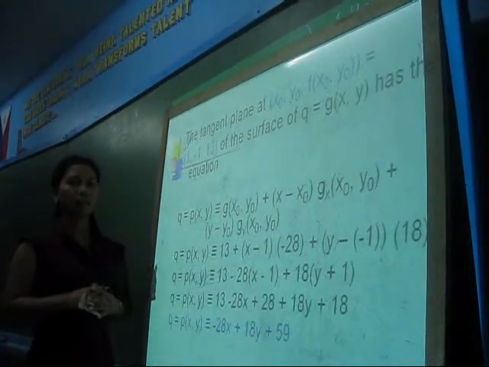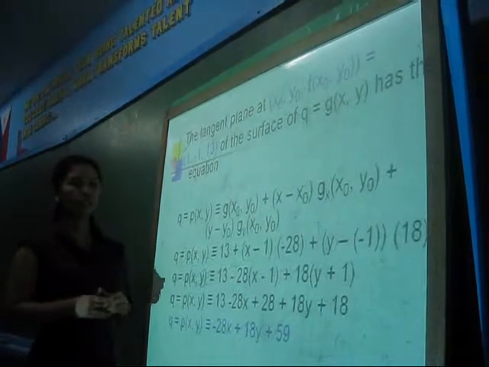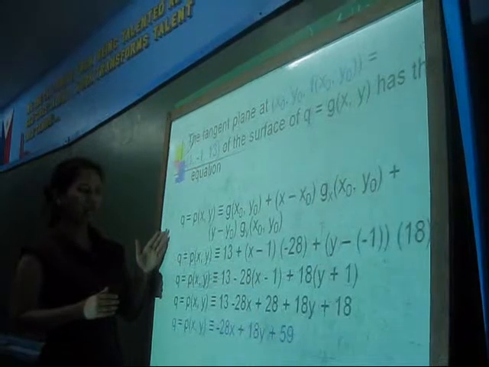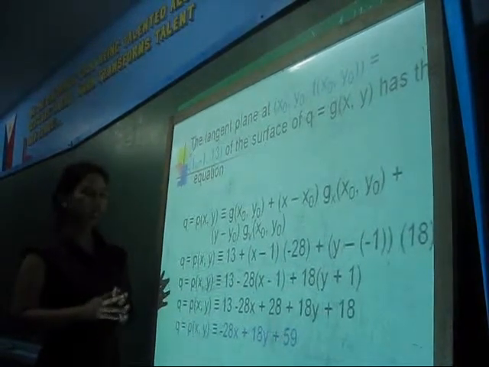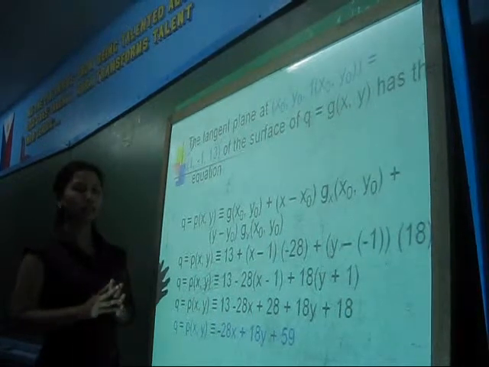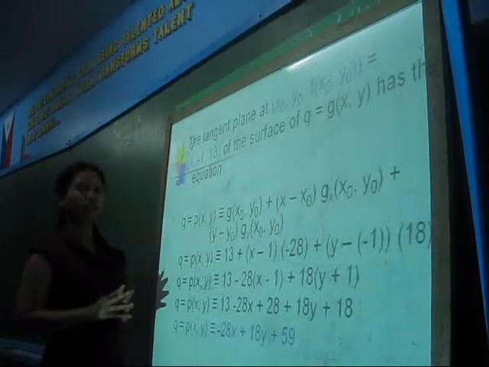And again, using the values that we solved earlier and substituting them into the formula, q is equal to p of x and y, which is identical to negative 28x plus 18y plus 59. That ends our report.